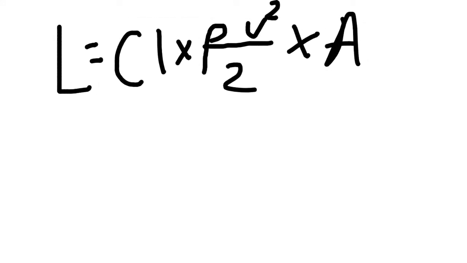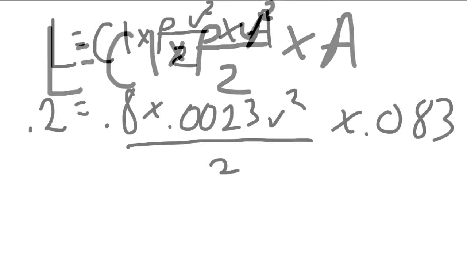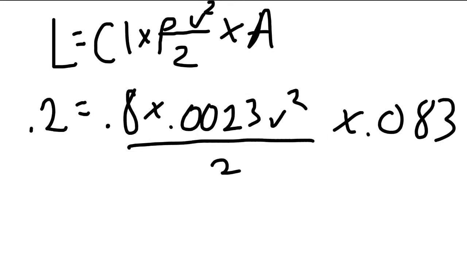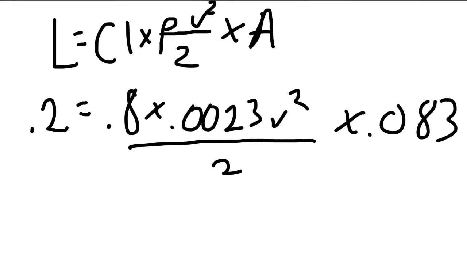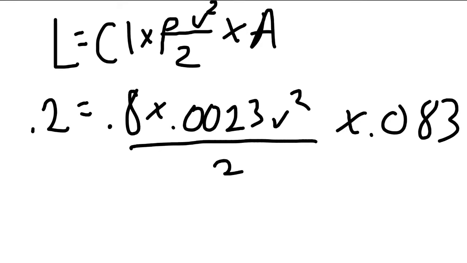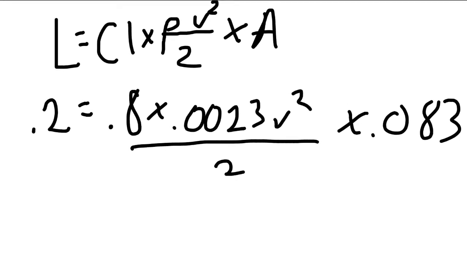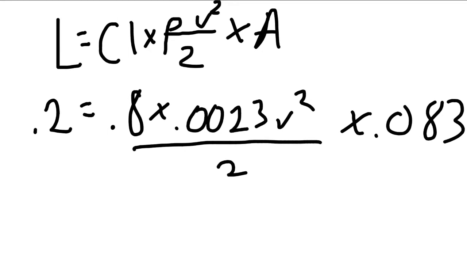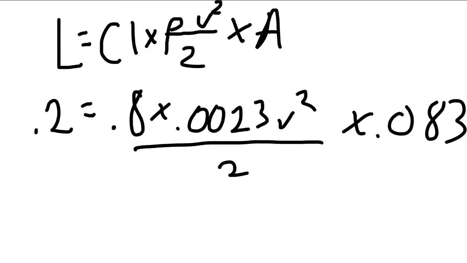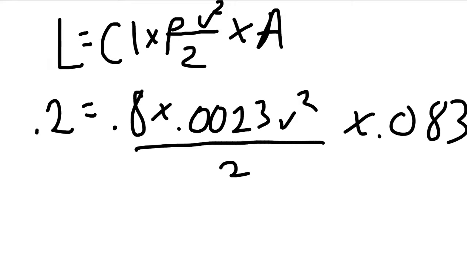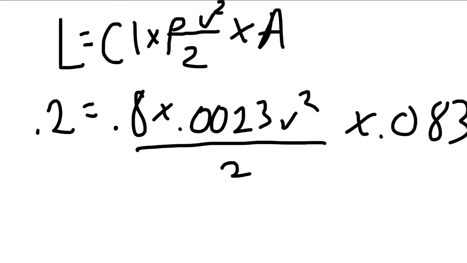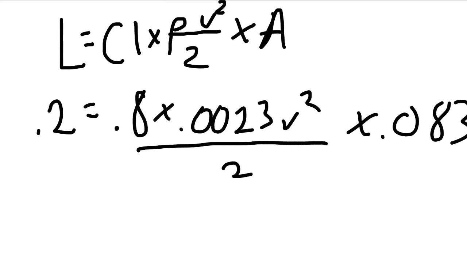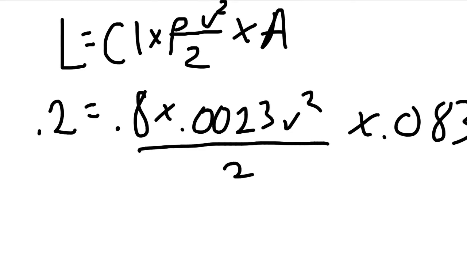Again, let's start with our equation without numbers. For this one, we're going to have to switch over to imperial units. We have the 0.2 pounds of lift is equal to the 0.8 coefficient of lift times the density of air at sea level times the velocity squared over 2 times the surface area of the wings of a 1 to 100 scale aircraft.